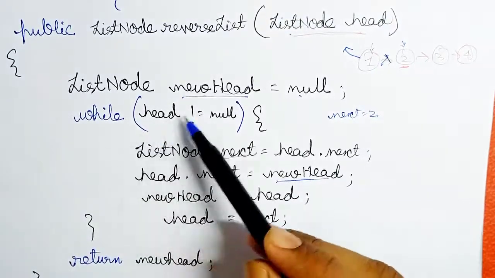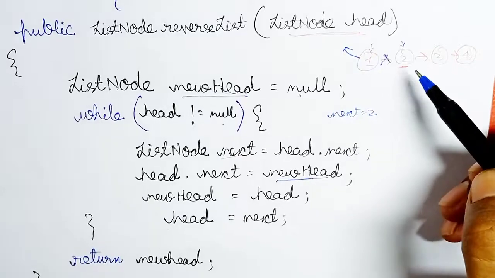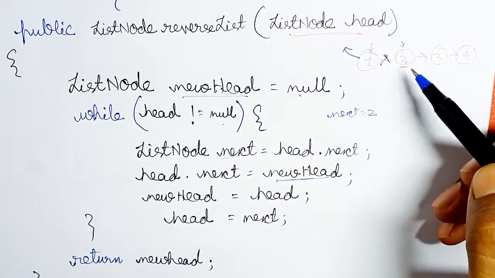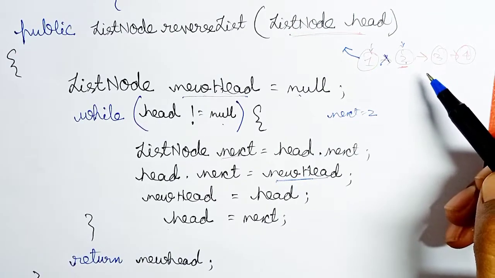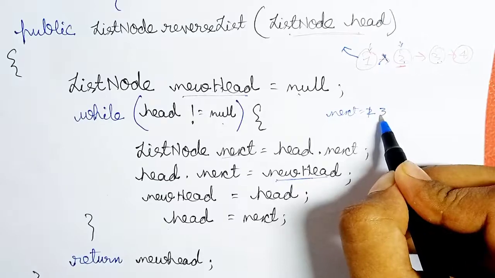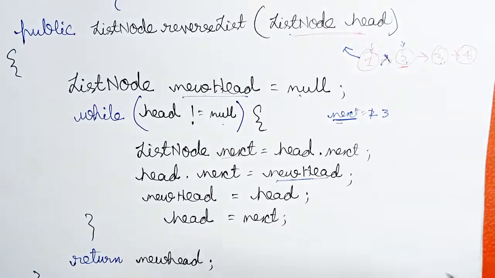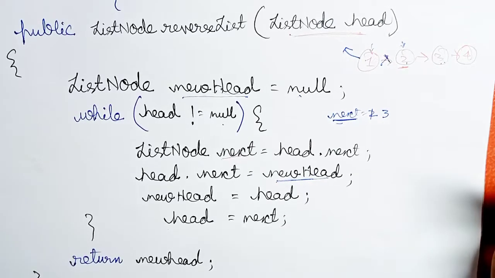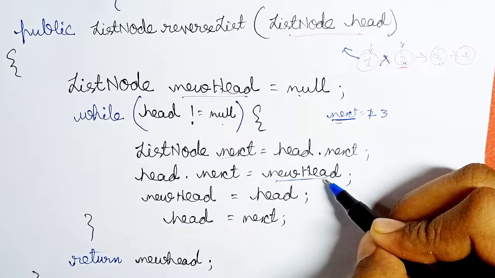Now this loop will run again. Is head equal to null? No, head is not equal to null. Head has the value 2 inside it. Now we will store head.next inside the next variable again. Who is head.next? 3. 3 would be stored inside the next node. Now head.next is the newHead. Head was 2. Head.next is pointing towards the newHead.